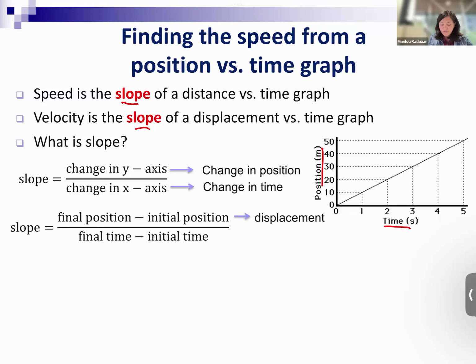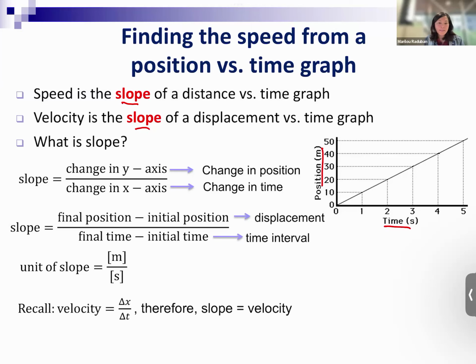And we've already defined the change in position to be displacement, and of course, final minus initial time to be the time interval. And that's why if you calculate the slope of a position time graph, that will then give you the velocity. And you can see here that the units that you get when calculating the slope is consistent with the units for velocity that we learned.